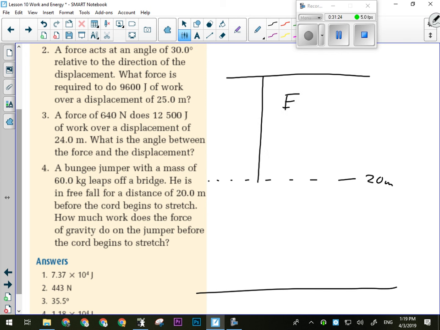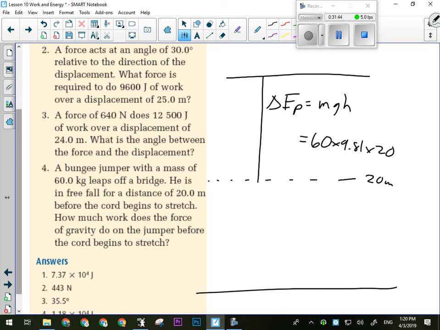Well, we know that the potential energy is changing during that time because the height is changing by how much? 20 meters. So all we really have to do here is go 60 kilograms times 9.81 times 20 meters.